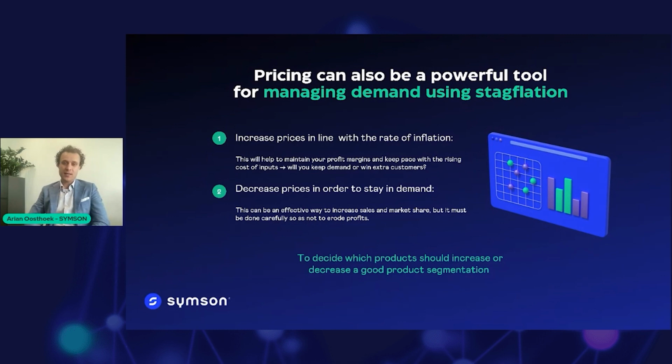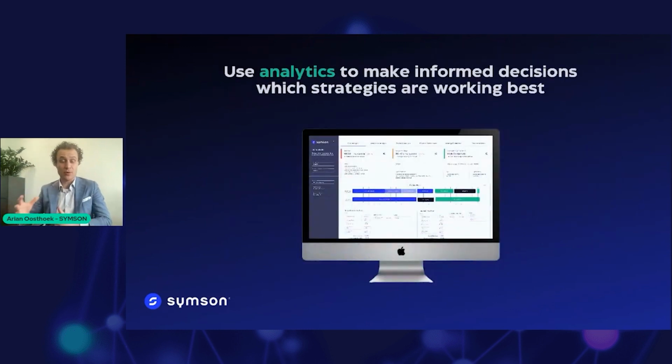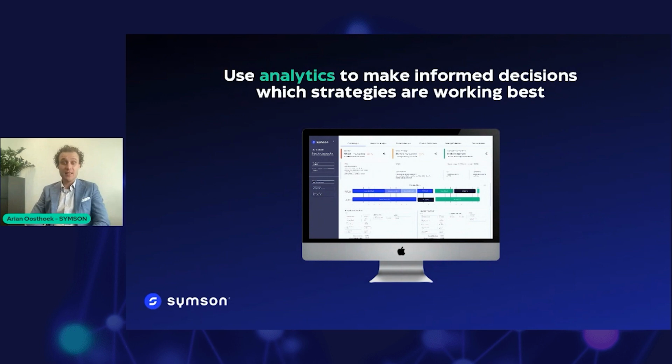That's why data analytics can really help you make these decisions more fundamentally and more validated. That's why you can use analytics, and also a good product segmentation, because if you have your products and your customers segmented, you're able to make better validated decisions on which prices you could increase or decrease.